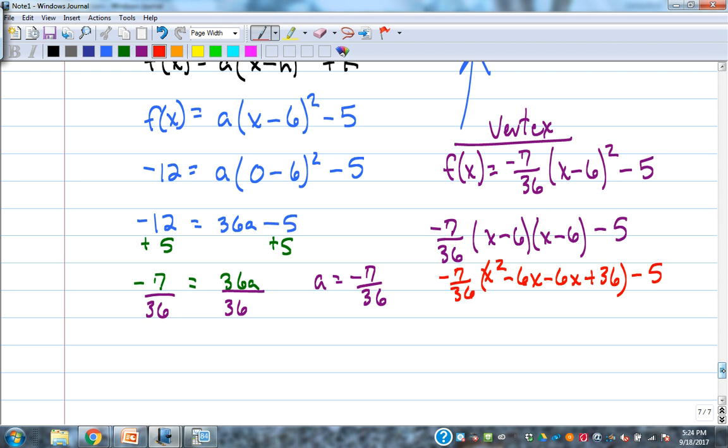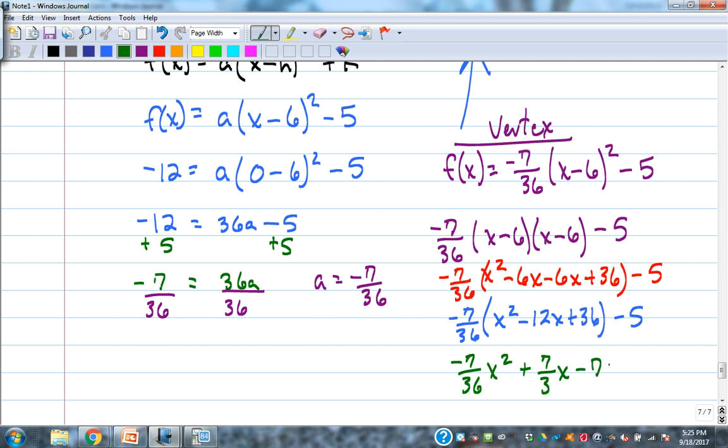Then all you got to do is distribute after you simplify. That'd be negative 7 over 36 x squared plus, 12 goes into 36 3 times, so that'd be 7 over 3 x minus 7 and then minus 5.